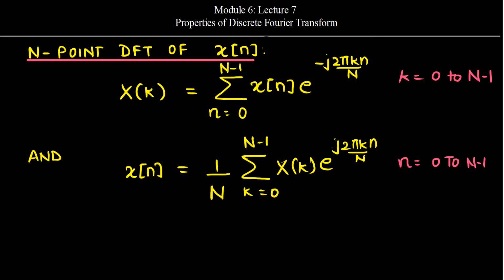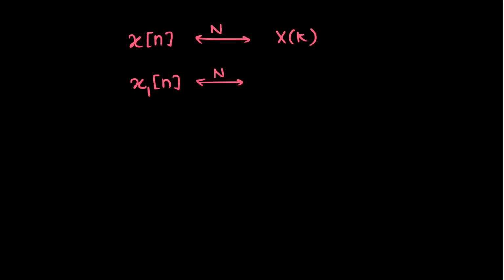So while discussing the properties of DFT, we are going to consider x of n, which has N point DFT as X of k. Similarly, we are going to consider another signal, that is x1 of n with N point DFT as X1 of k, and x2 of n having its N point DFT as X2 of k.